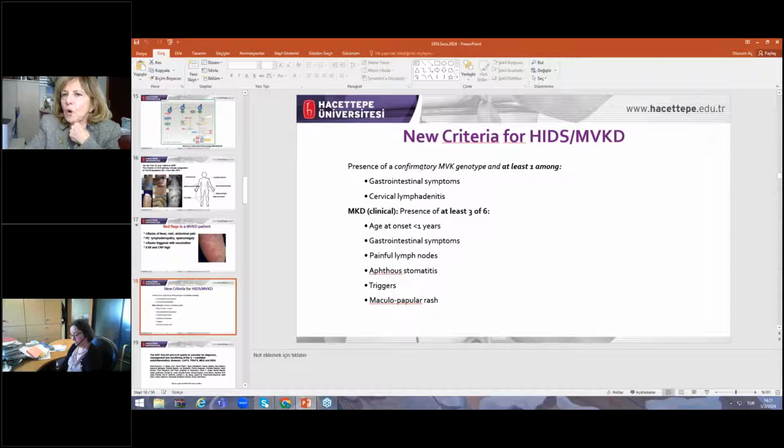But if you do not have a confirmatory genotype, then you would need 3 of 6: age of onset younger than 1, GI symptoms, lymph nodes, aphthous stomatitis, triggers, vaccinations mainly, and the rash.